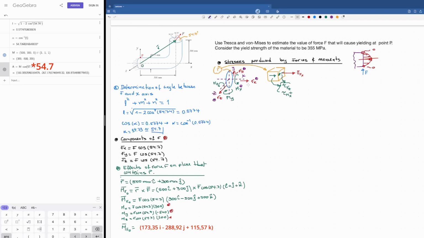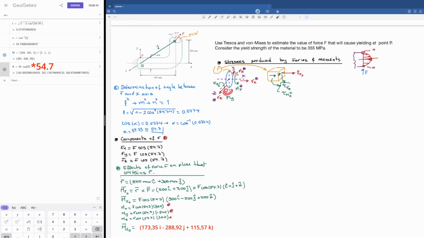So then let's take a look at the moment around the y-axis, this moment here. As it is applied to this area here, it produces a bending moment. And that bending moment is going to produce a normal stress. But now this is very interesting, because P is located in the neutral axis of the bending deformation produced by this moment My.